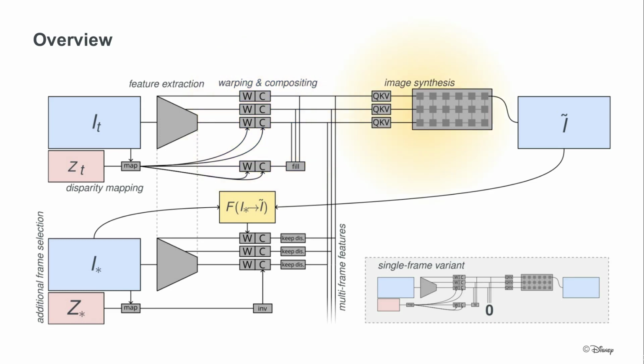Finally, we use a self-attention layer and a gridnet architecture to synthesize the final image. We also introduce a strategy to select additional frames from the input sequence and use optical flow-based warping to get multi-frame features.